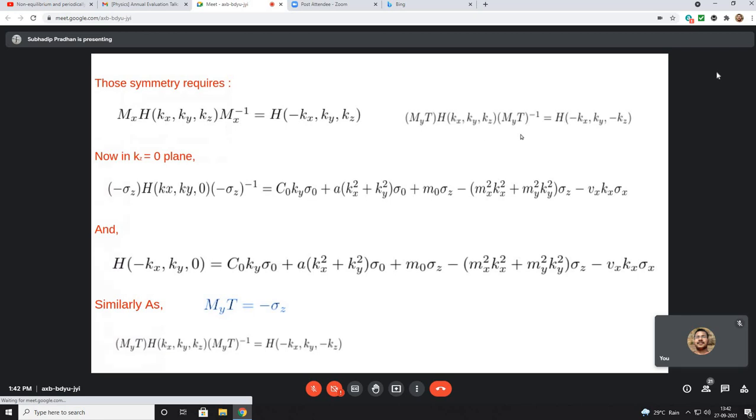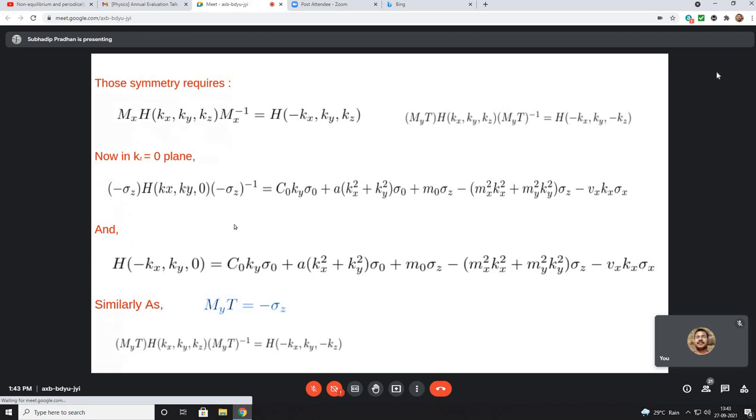These two Hamiltonians are also related by a similarity transformation. I have checked that for the Kz equal to 0 plane, with MX equal to minus sigma Z and MX inverse also minus sigma Z, for H(minus Kx, Ky, 0) I am getting the same thing.